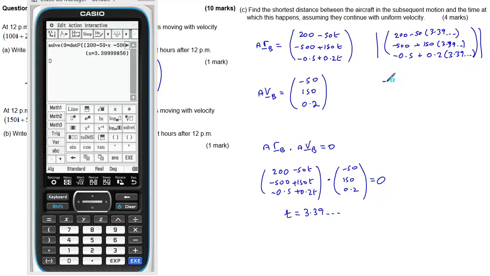So we want the magnitude of that, and so we'll just calculate that.